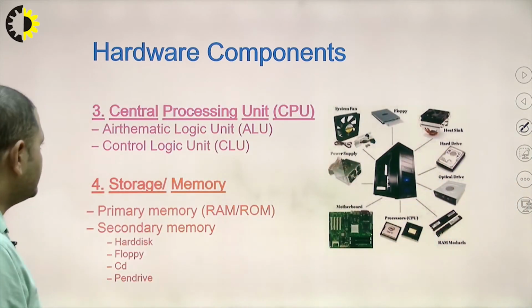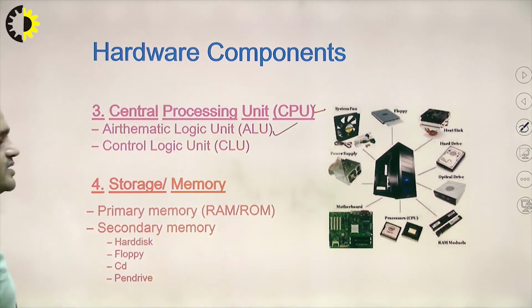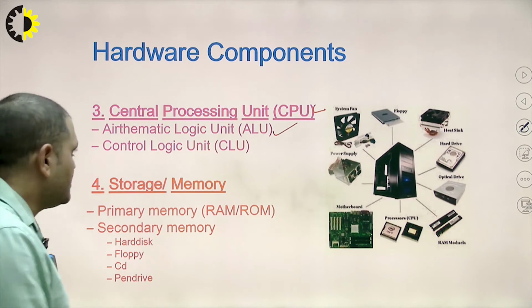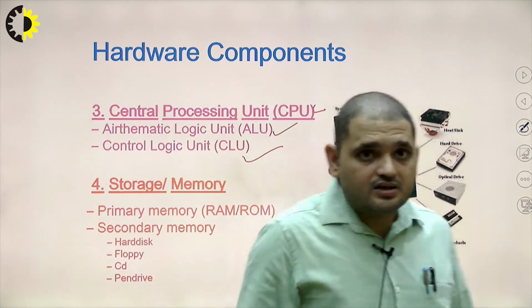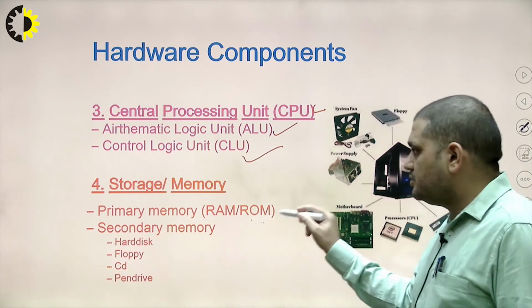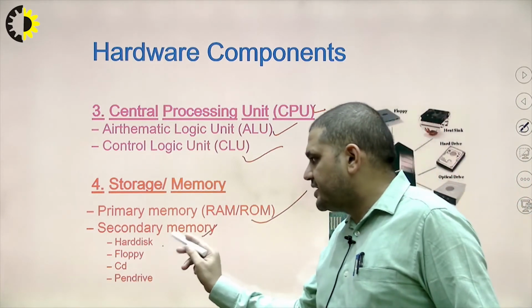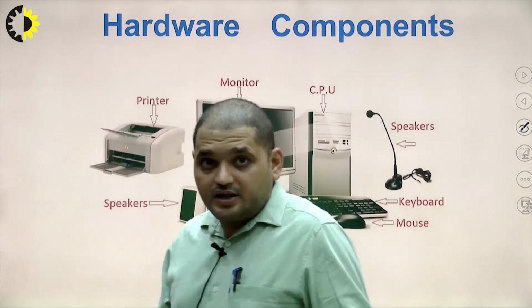Then third is the central processing unit, CPU, which contains the arithmetic logical unit, that is ALU, and a control logic unit, that is CLU. For storage memory, there are two types, primary and secondary. Primary is RAM and ROM, and secondary is hard disk, floppy, CD, pen drive, which you have seen, I think.